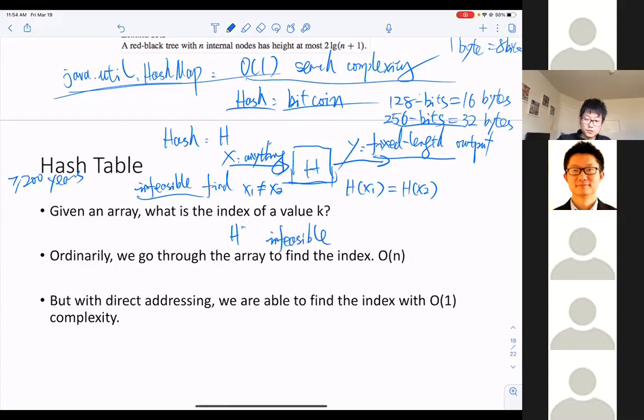Meaning that given an output y, you cannot find the corresponding input in your lifetime. These are the three properties of a hash function.